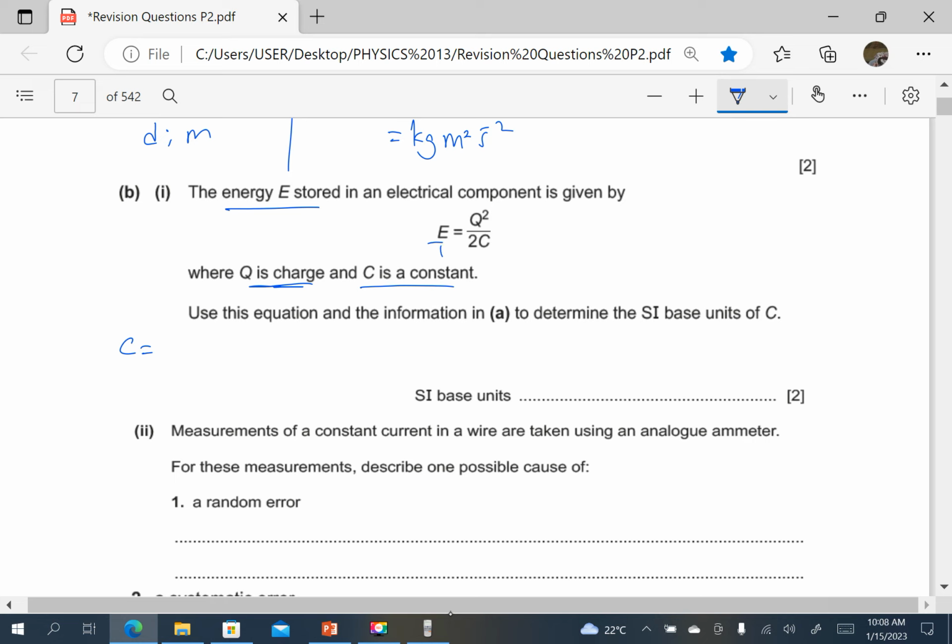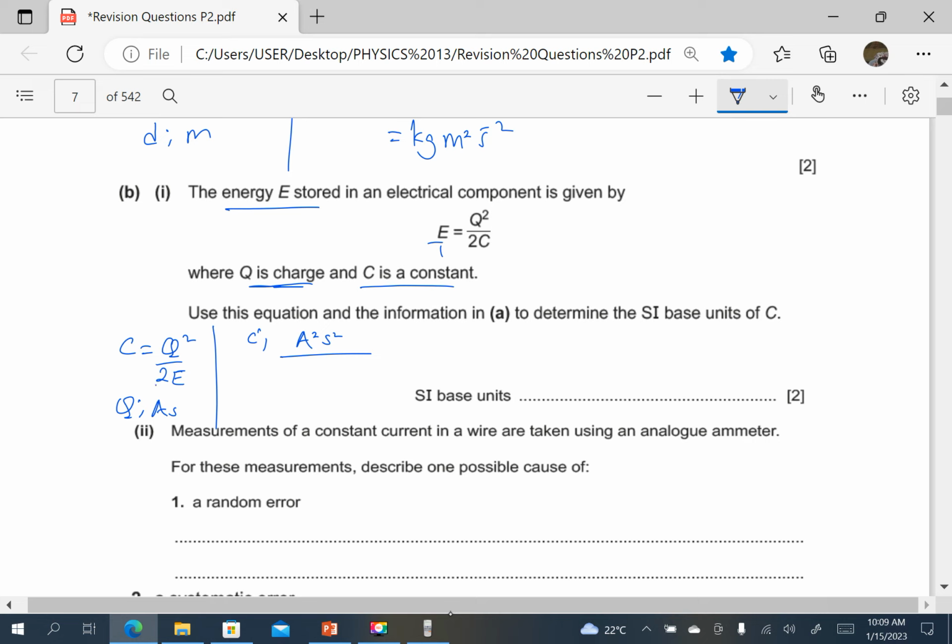So C is going to be equal to Q squared divided by twice E. And Q is charge. The units of Q are ampere seconds. Then C is what we want to find. So the units of C will therefore be Q squared, which is ampere squared times second squared, because Q is squared, I'm squaring A and s.